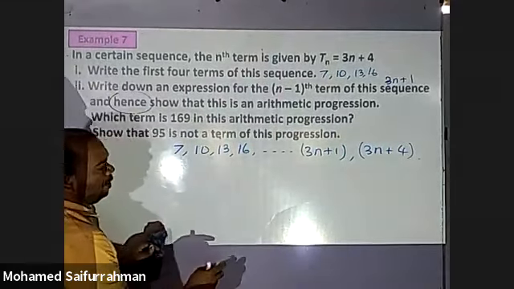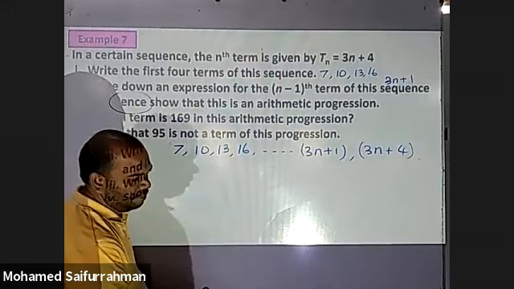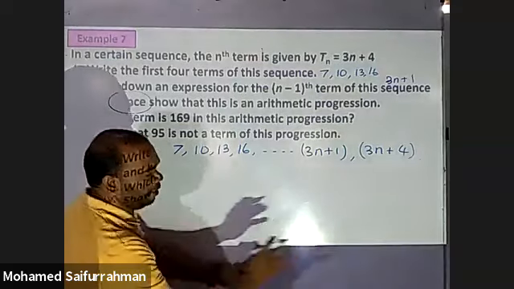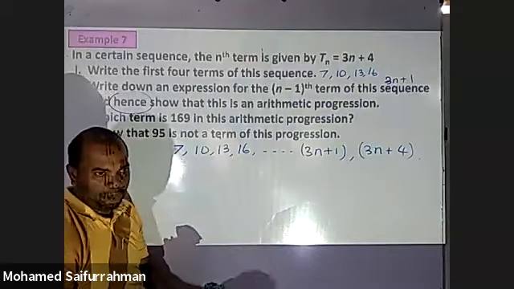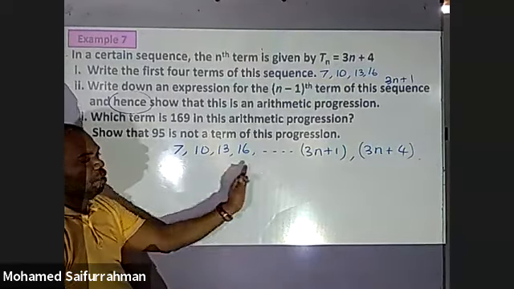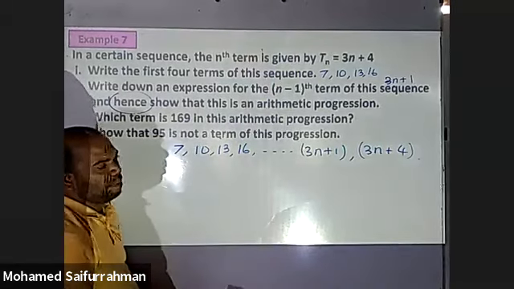By showing the common difference is constant, this is an arithmetic progression. So the method of proving an arithmetic progression: find the common difference, and tell them this is an arithmetic progression.